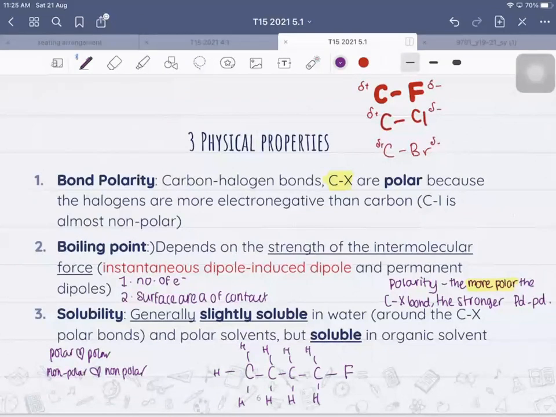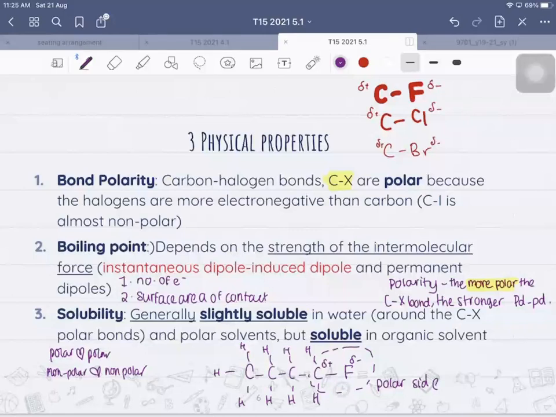Well, there are two sides to the molecule. Your carbon-fluorine bond or carbon-halogen bond will be the polar side. This polar side will be attracted to polar solvents like water, for example. Ammonia is a polar solvent. Alcohol is also a polar solvent, usually the smaller chain alcohol. Carboxylic acid is also a polar solvent at the COOH, right?